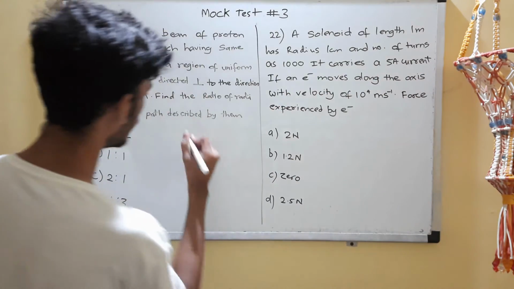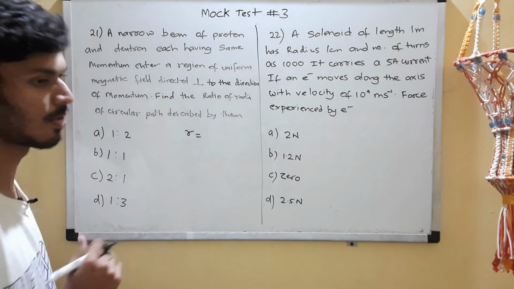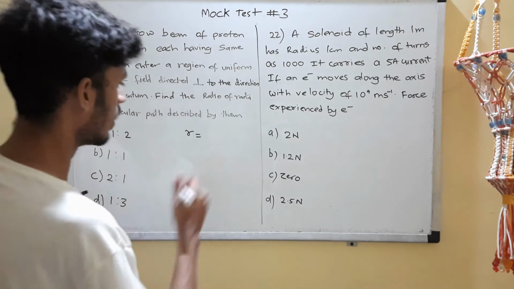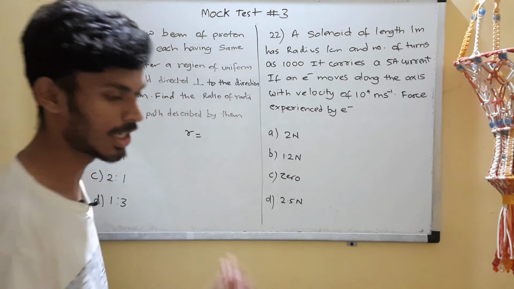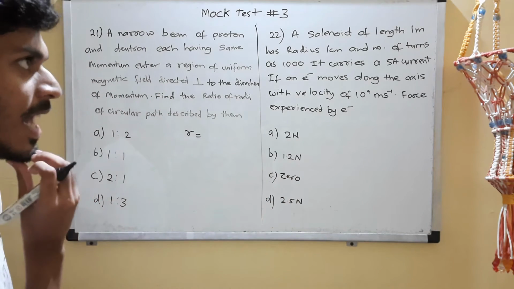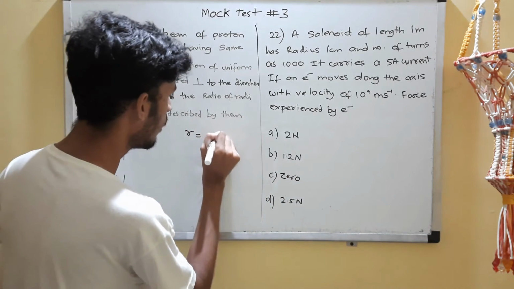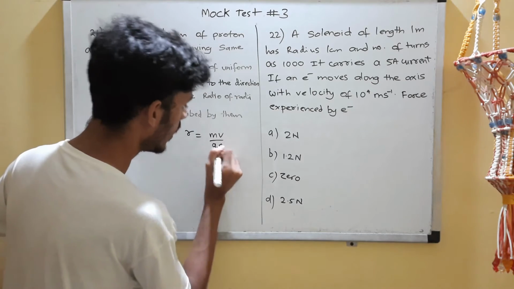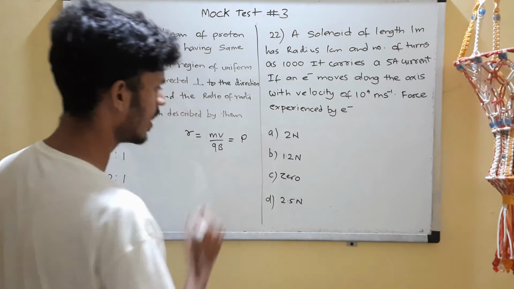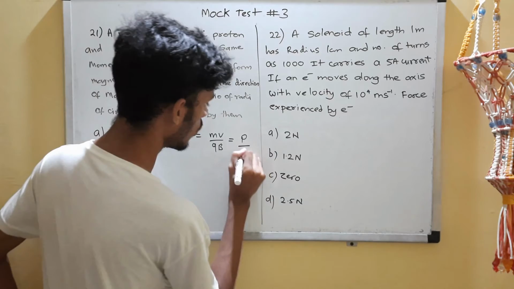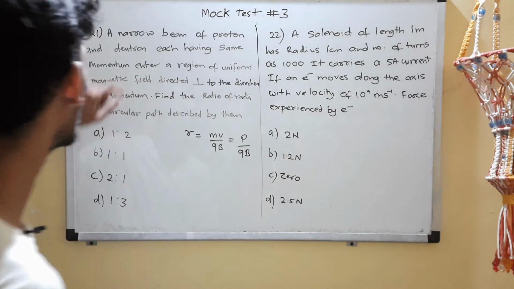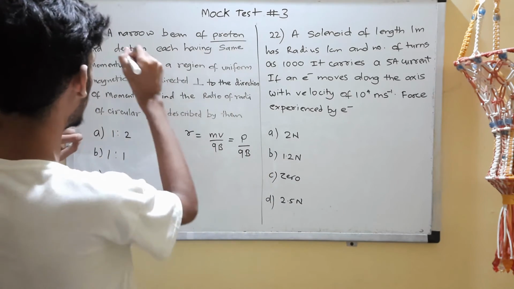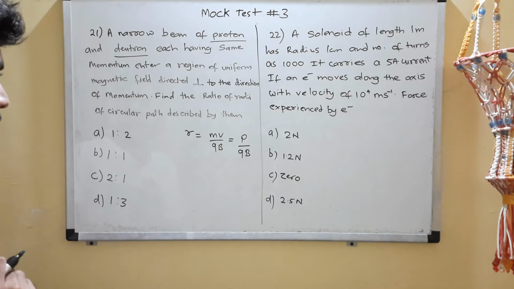It's quite simple. The radius of the circular path, when a charged particle is moving in a magnetic field, is given as mv by qb. If you see, mv is nothing but momentum, so momentum by qb. We have a proton and a deuteron.